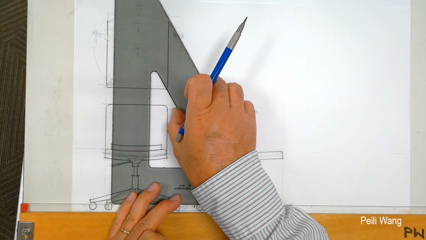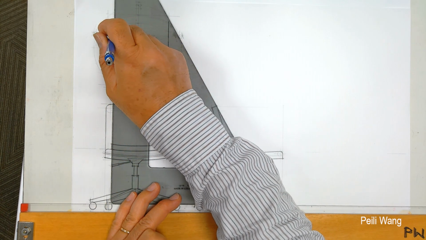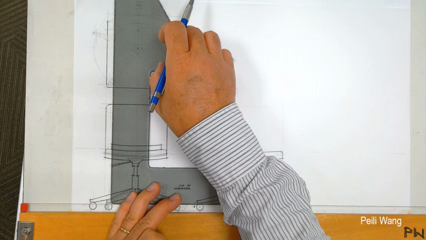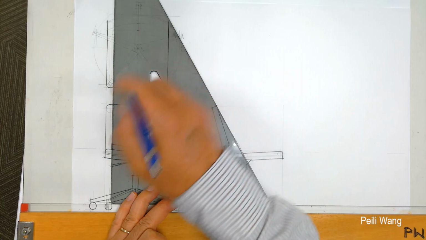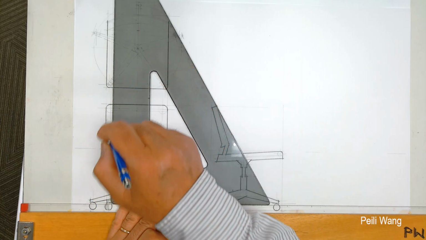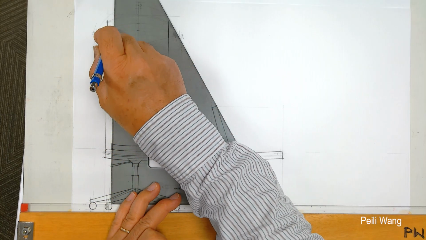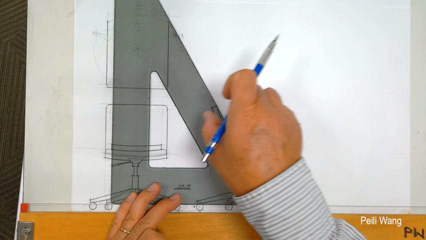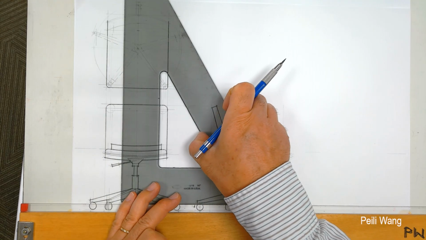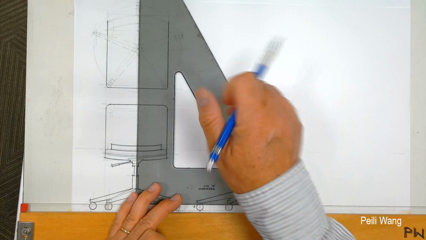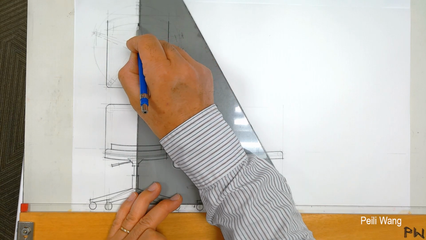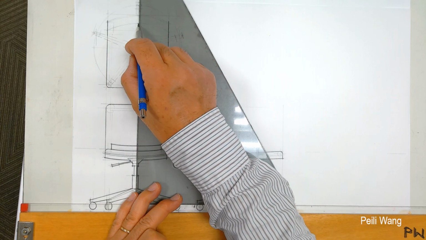I transfer to here. Transfer here, 4H. Make sure double check it as 4H here. And also here. Okay.